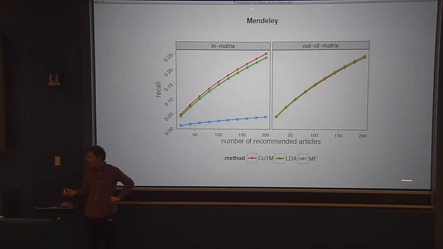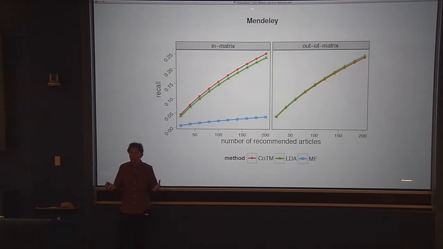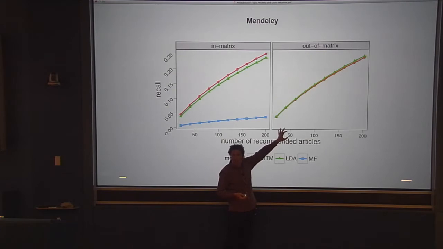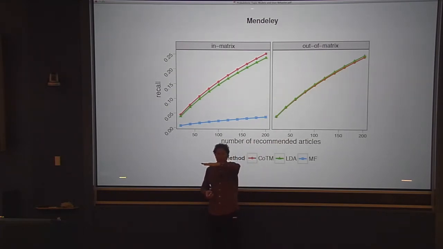Basically, factorization models, which are the state of the art, and content-only models, which would be models that only use the text. What we did is we took that big data set, we held out some of the articles from everyone's library, and then we measured how well we predicted those articles from each person. And we did it in two ways. One way was we pretended like the article was never written, right? We took the entire row of the matrix and removed it so that the EM paper was never written.